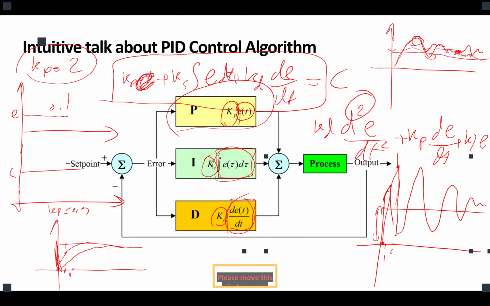If I apply a lower gain, that means I'm trying to damp the prediction effect, the effect of the prediction part, in the control system. Meaning we have less correction on the overshoot and undershoot. Are we good? Is there any question about that?